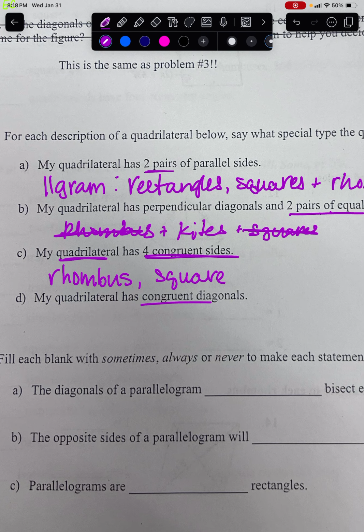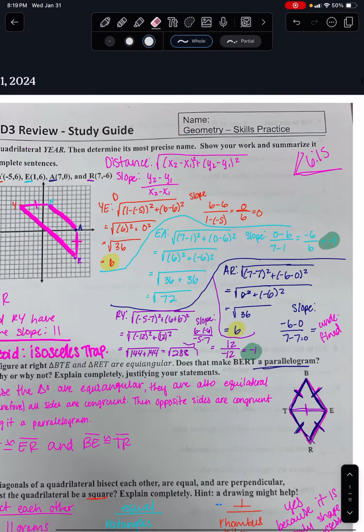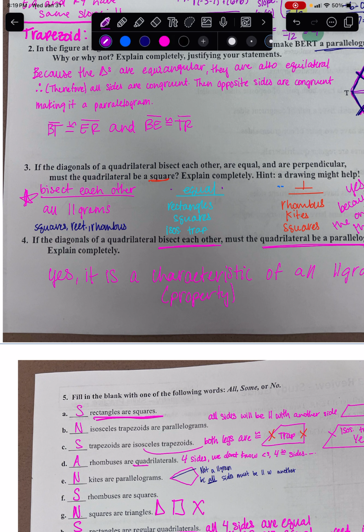My quadrilateral has congruent diagonals. Well, this is one that we haven't really gone over today, but those include rectangles, squares, and isosceles trapezoids. If we look all the way back here, we did mention it here with equal, but I don't think I went into much detail and it hasn't come up since.